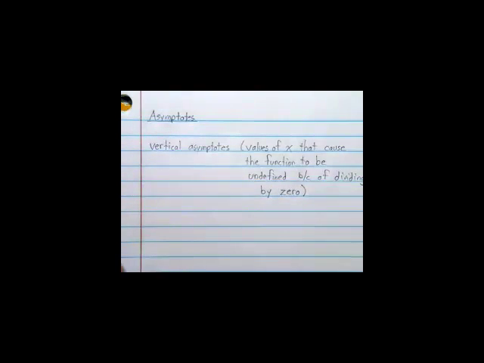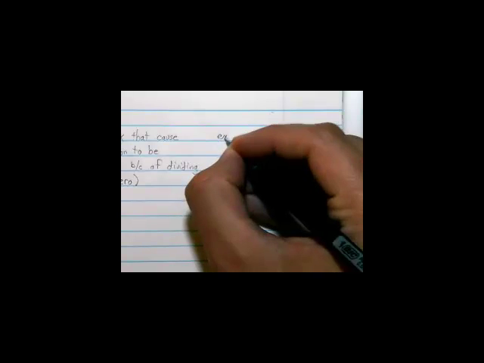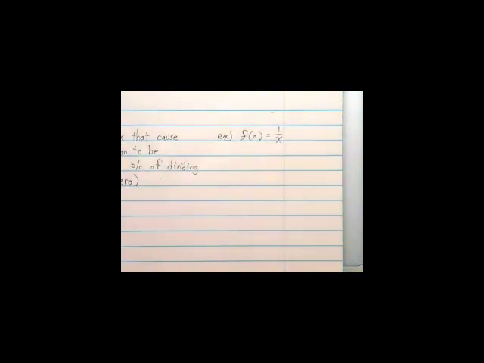So I guess a good example of that would be like f of x equals 1 over x. Okay? This particular function has a vertical asymptote. What value of x is going to cause this to be dividing by 0? 0.